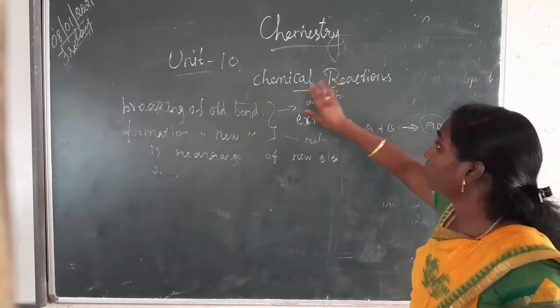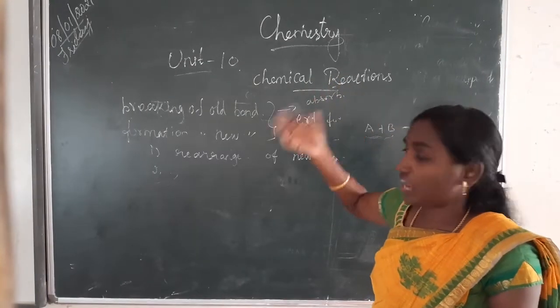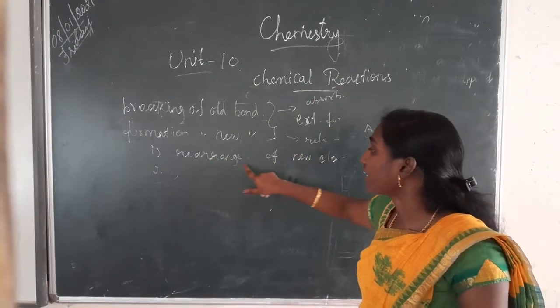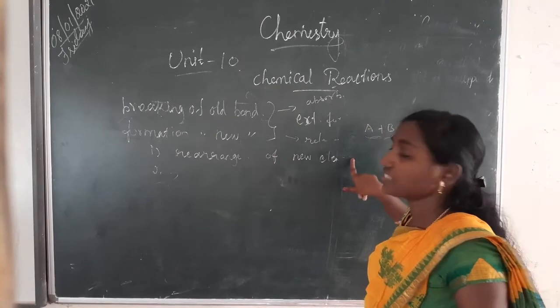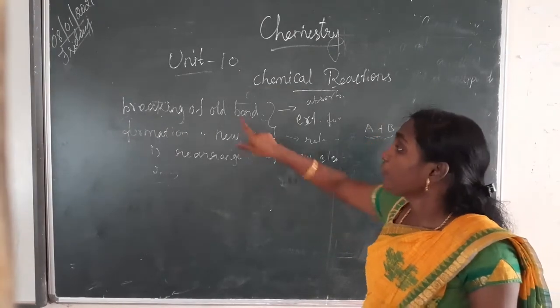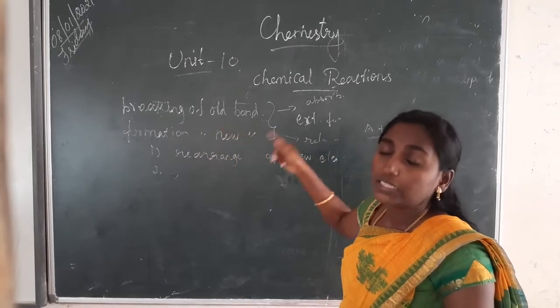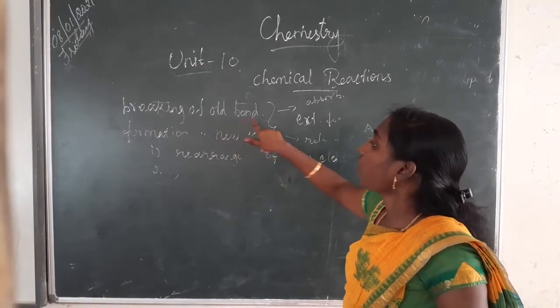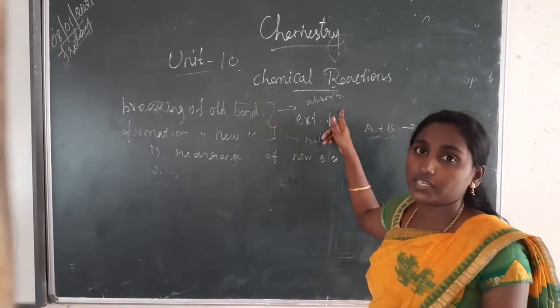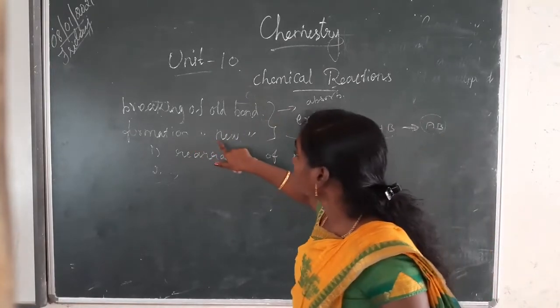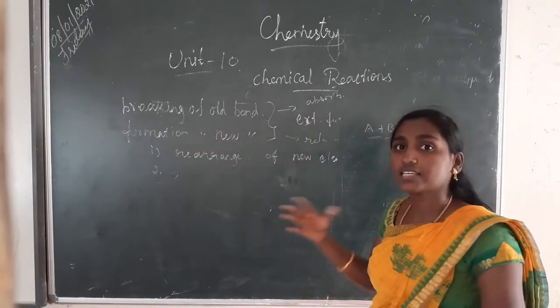During a chemical reaction, what changes will happen? First point, rearrangement of elements. Second point, breaking of old bonds and formation of new bonds. Third point, breaking of old bonds absorbs energy, and formation of new bonds releases energy.